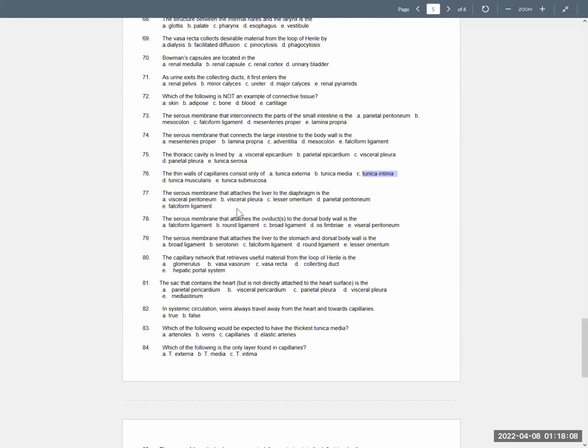That's it, falciform ligament. 78, the serous membrane that attaches the oviducts to the dorsal body wall is which of these serous membranes? It's the broad ligament.